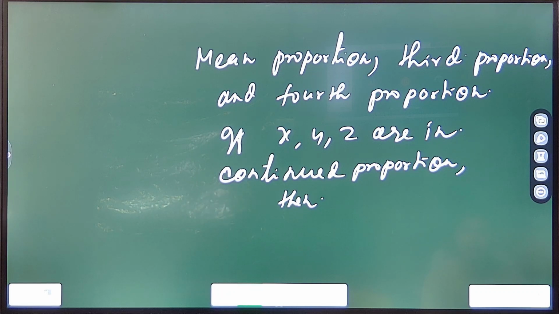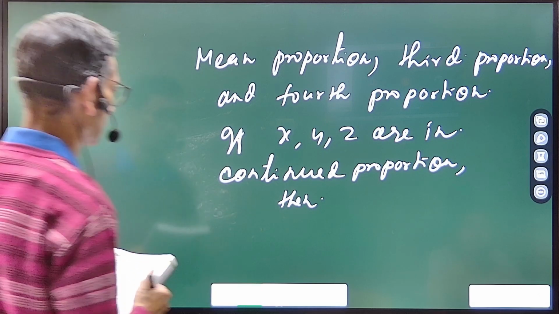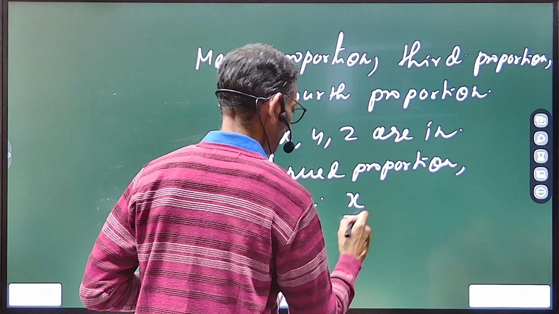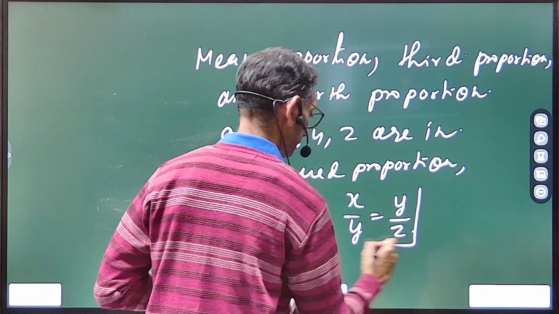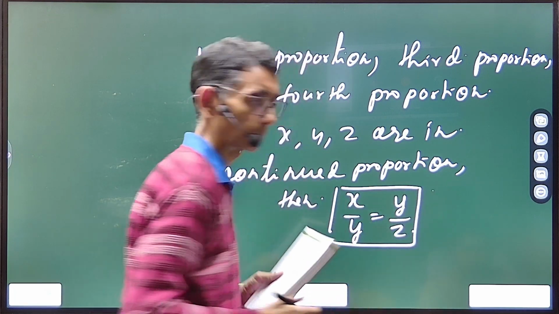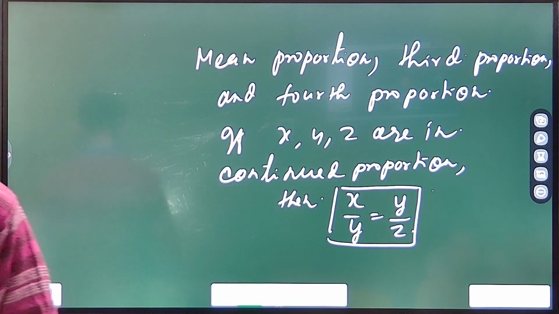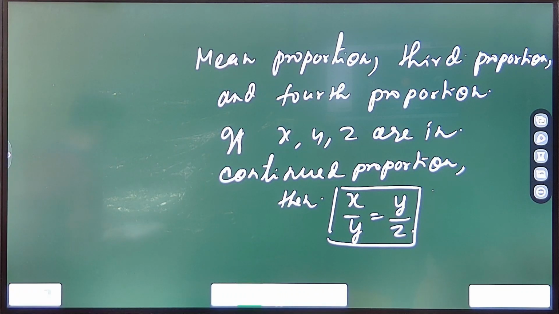X is to Y, meaning X divided by Y, equal to Y by Z, right? We can write like this: X by Y is equal to Y by Z. So then Y is called the mean proportional or mean proportion.